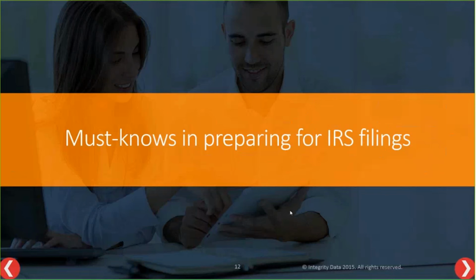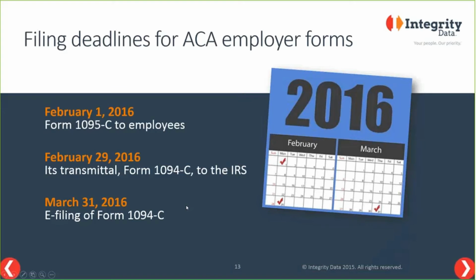We'll get into a few more details as we continue through the webinar, but let's talk about the filing deadlines for producing the 1095-C and the 1094-C. So February 1st, 2016, Form 1095-C to employees goes along with the W-2 deadlines. The transmittal, Form 1094-C, goes to the IRS in paper by February 29th, 2016.